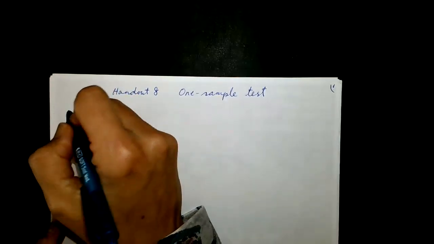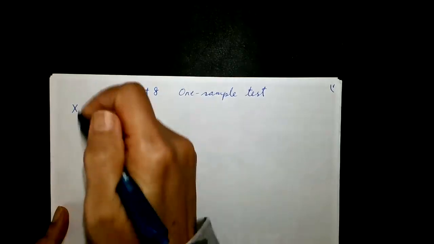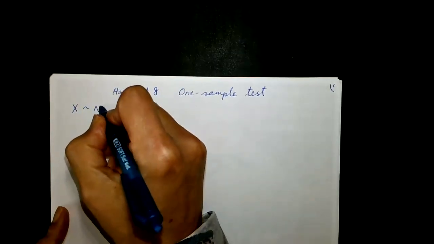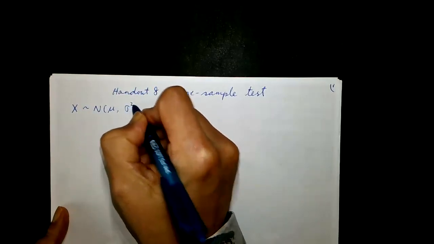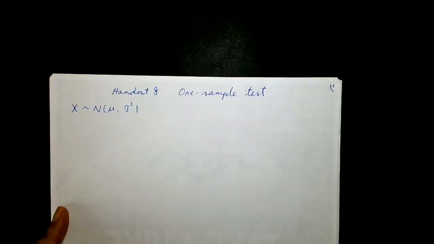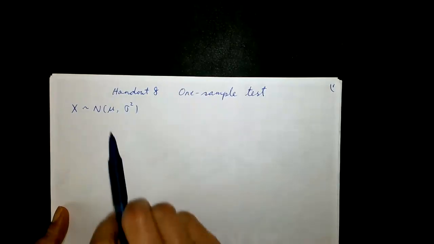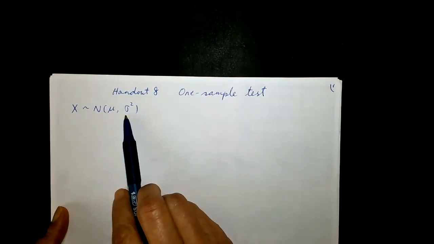What are we testing? For now, we are only testing the population mean, nothing else. We don't touch population variance, we don't touch the population distribution, nothing else. For one sample test, we focus on one variable X. Suppose that we know it's normal, then it comes with two parameters, population mean, population variance.